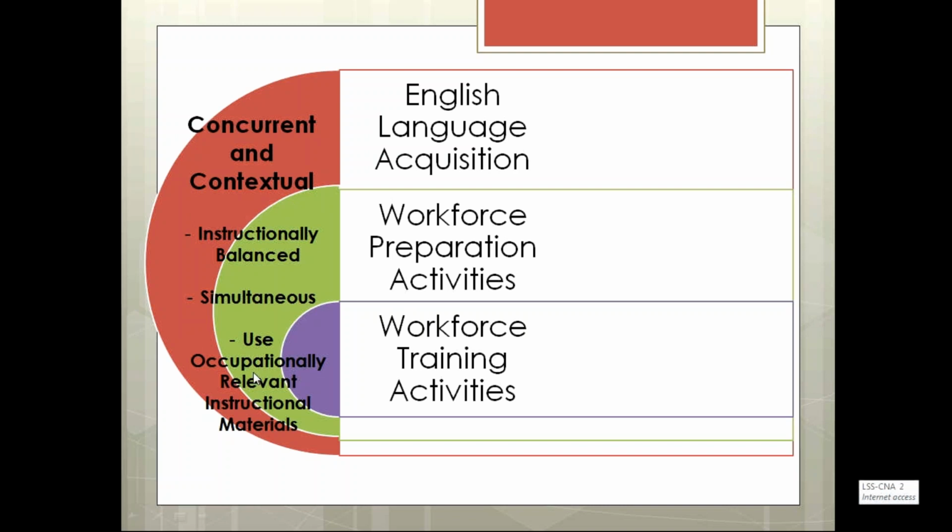So for example, with a learner that is on a healthcare track, I may be taking their pre-CNA manual from their class at the community college and pulling examples, using it as the text in a literacy-focused class, literacy skills class. That is an example of using occupationally relevant materials.